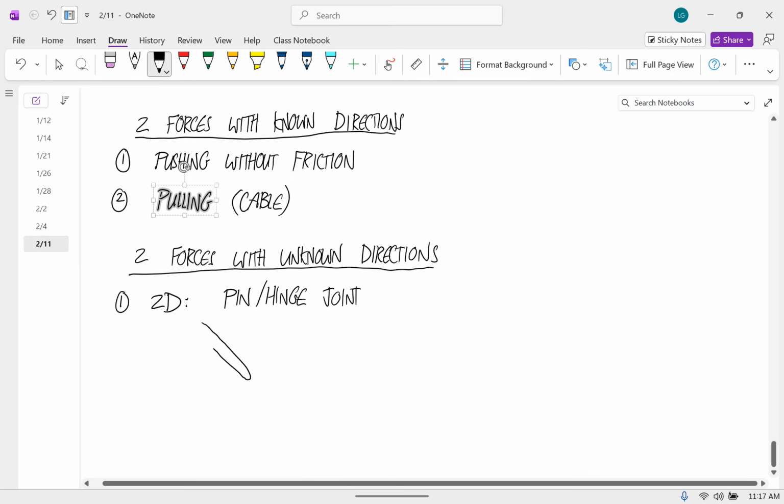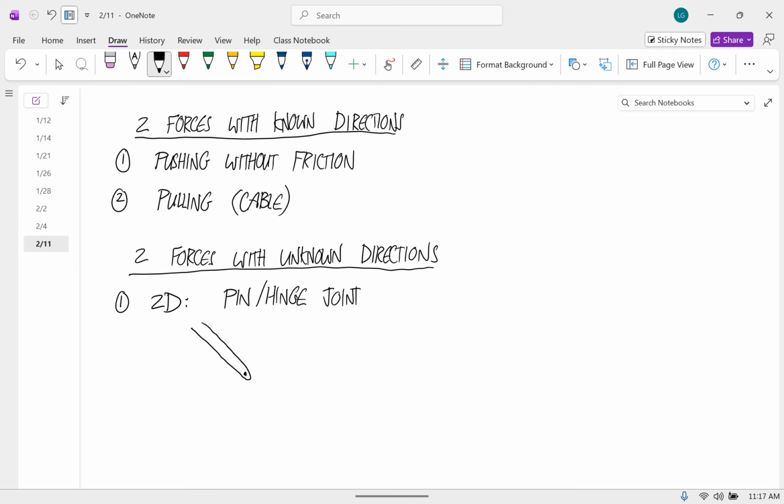And so if you have two bodies that are connected by a pin or a hinge, the force that one body applies to the other one is an unknown direction, and you just write it like, so let's say this is A and this is B, you just write it like the force on A by B.